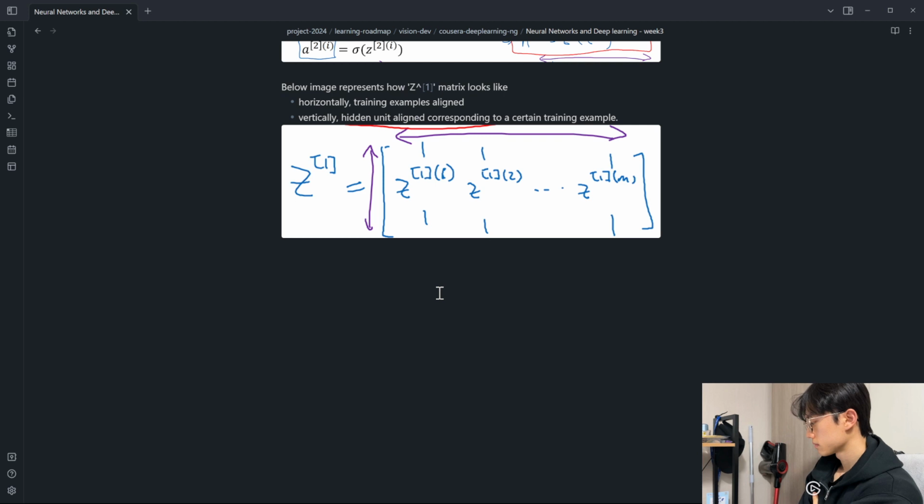Now, W1 is going to be some matrix, right? So I have some number of rows in this matrix.